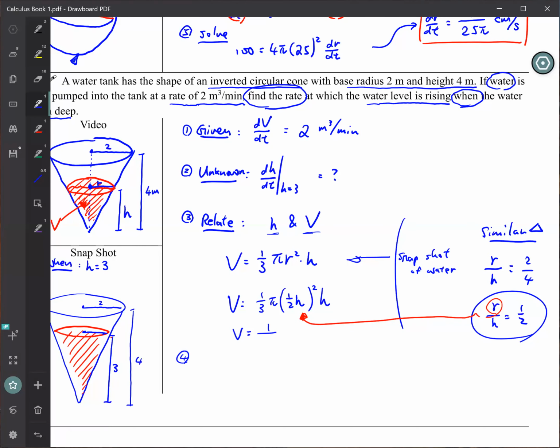Okay, how about Lex? Do you have an expression? 1/12 pi h cube. H cube. Okay, Nicole, did you get that?